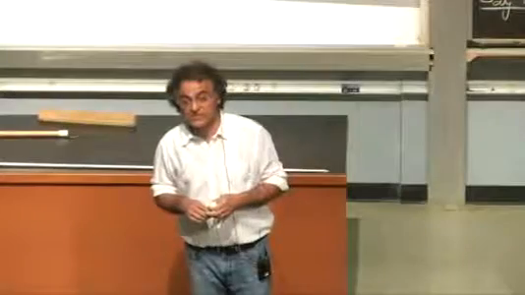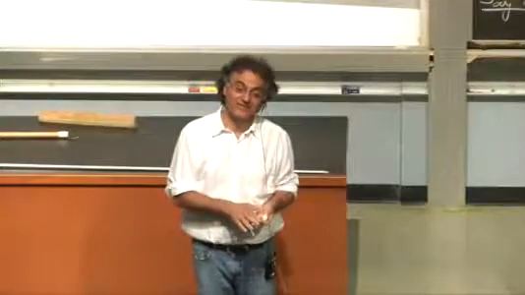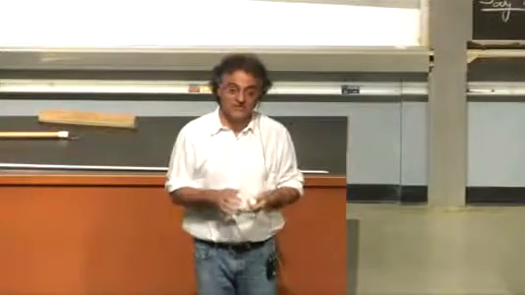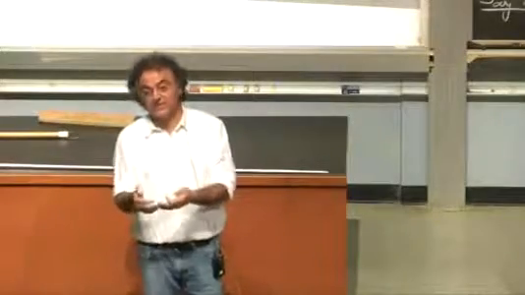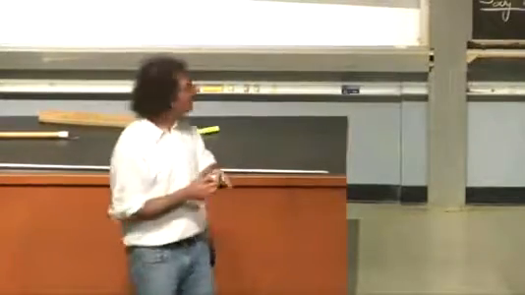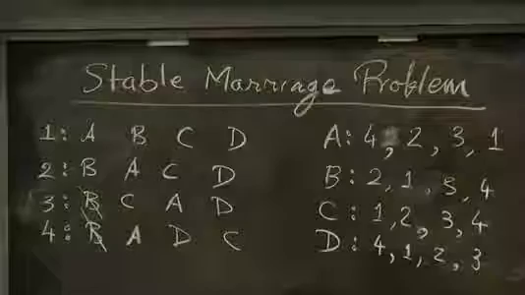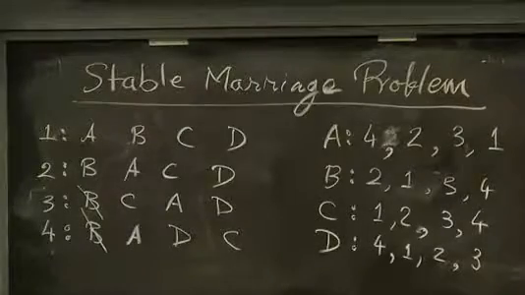What if it's not possible? What we'll actually show is that one always exists, and this will always find it. Because it always produces a pairing, and whenever it produces a pairing, it's stable. So it shows that no matter how the preferences are arranged, there's always a stable pairing.